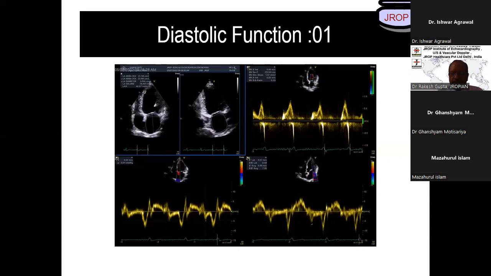The E by A ratio, if it is less than 0.8 or more than 2, the E prime septal less than 7, the E prime lateral less than 10, or TR jet more than 2.8, or the LA volume index more than 34. If more than 3 criteria are fulfilled, then we can label it as diastolic dysfunction. Grade 1.